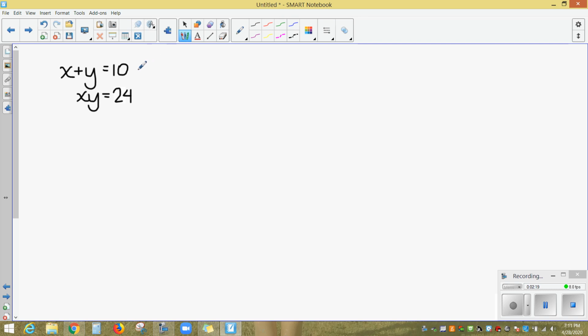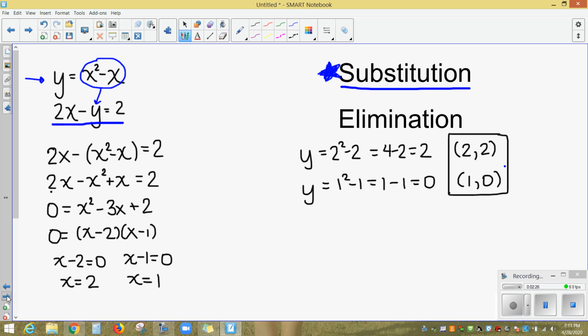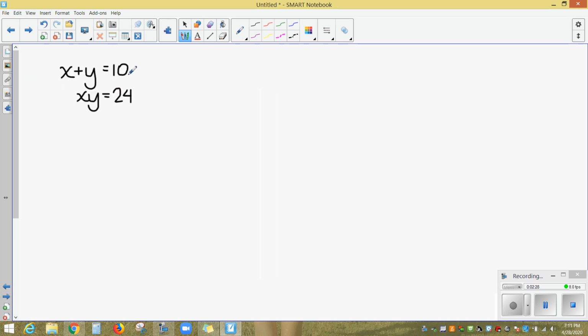In the last two examples we did, the nonlinear equation was the one that was already solved for y for us. Okay, here between the two equations, if I'm going to solve one for x or solve one for y, this one will make more of a mess and it will confuse more of you.